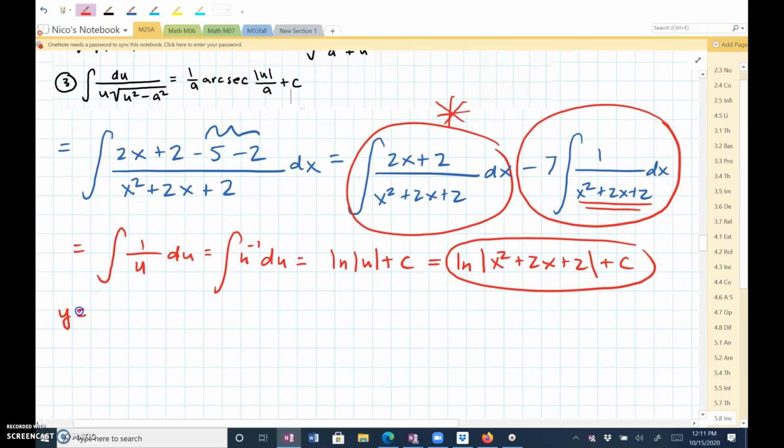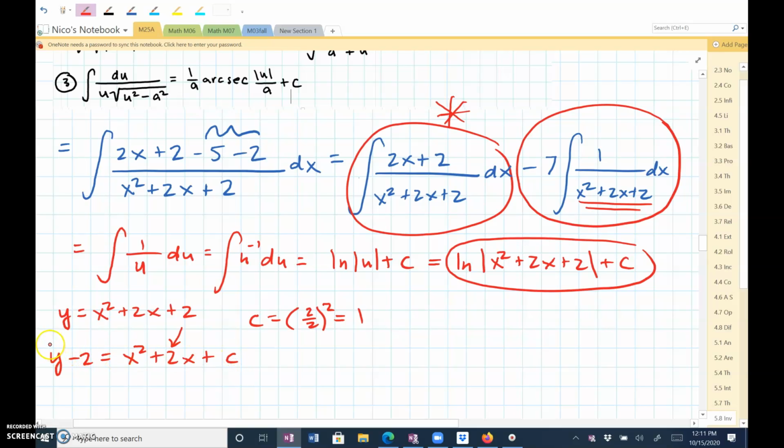So I'm going to say y equals x squared plus 2x plus 2. To complete the square, I'm going to move the 2 to the other side. To find c, you're going to take half of the coefficient of the linear term, then square it, which would be 1.